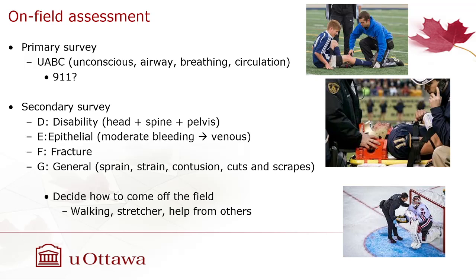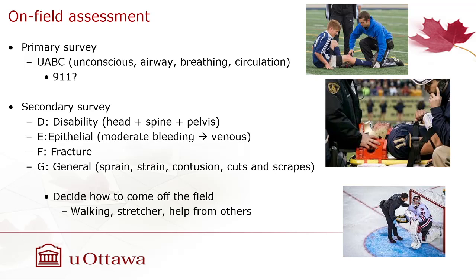If this is under control, then you can move on to your secondary survey. There's an order of priority, which you can summarize with the letters D, E, F, and G. D stands for disability. So is there any head, spine, or pelvis injury? Some of those are probably life-threatening.